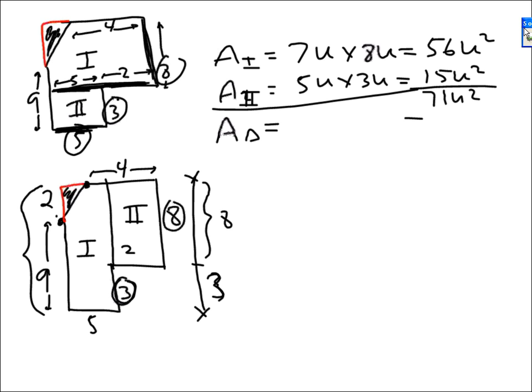Okay, now let's find the top one. From here to here, I'm told that this distance is 5, and this distance here is 2. I got that from right here. That is, the whole thing is 7. So, 4 plus 3 is 7.